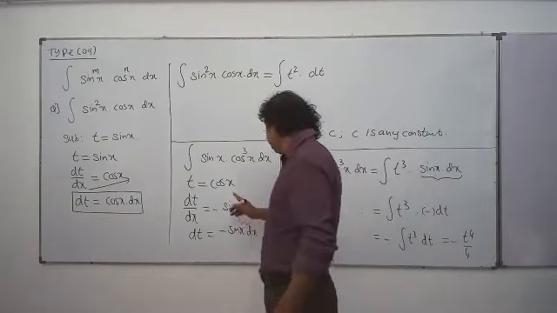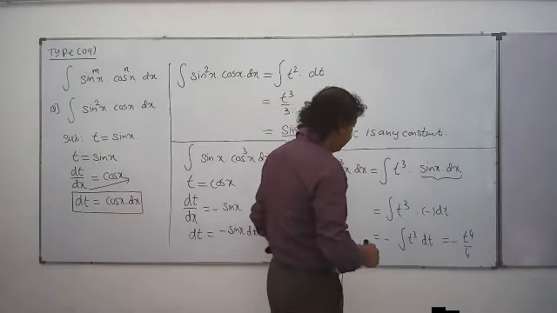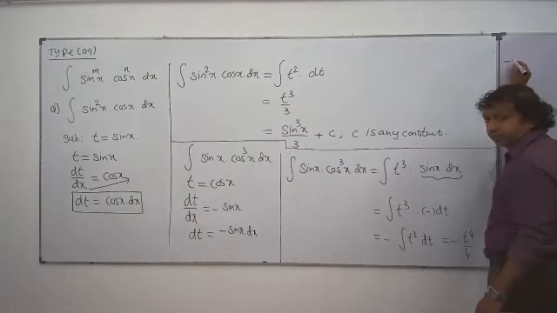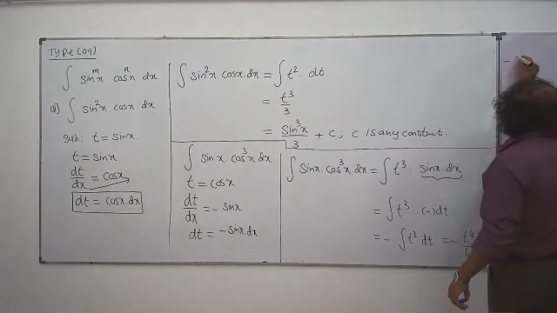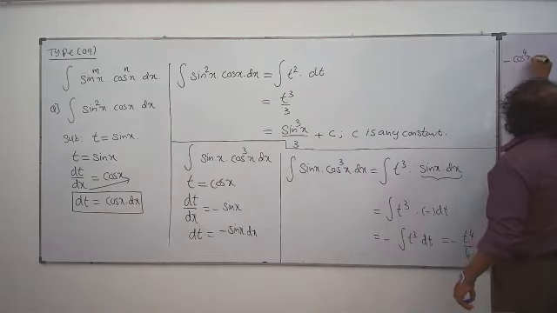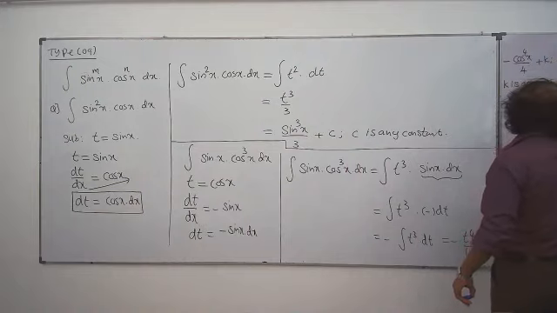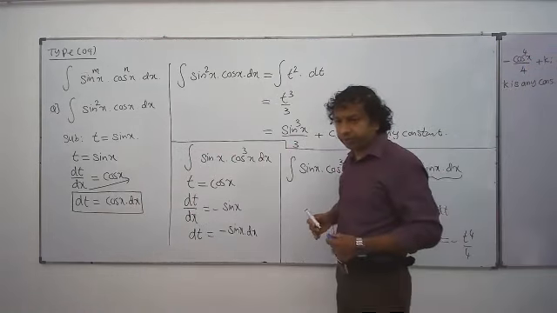But t is cos x. Then we can put that here. The answer is going to be minus cos to the power 4x by 4 plus k. k is any constant. That's how we take.